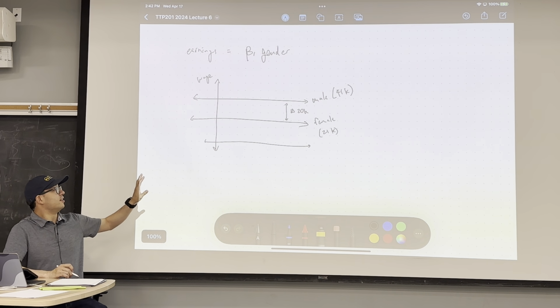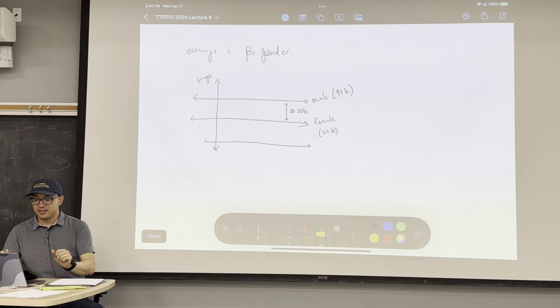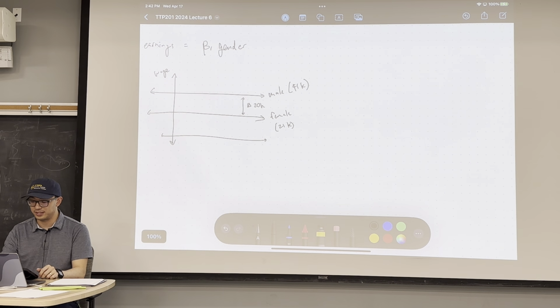Does everyone understand this plot? Yes. Great. Now, if we go back to our simple example of linear regression for what we've been doing so far, where we just did one continuous variable, that would be something like this: beta times education.